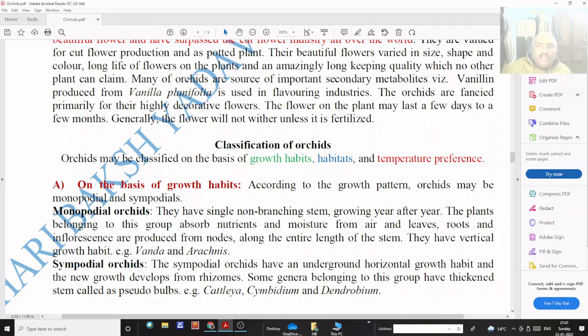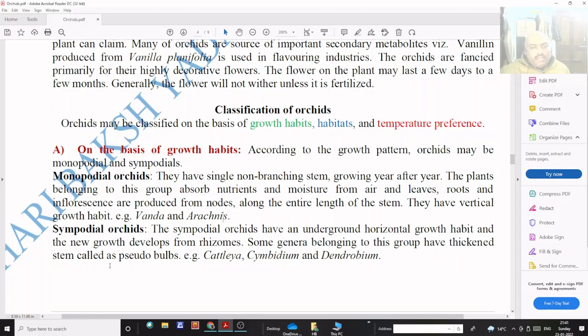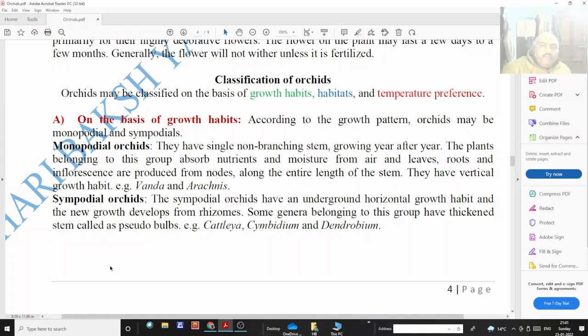Important genera under monopodial orchids are Vanda, Arachnis, etc. Now, sympodial orchids have an underground horizontal growth habit and new growth develops from the rhizome.